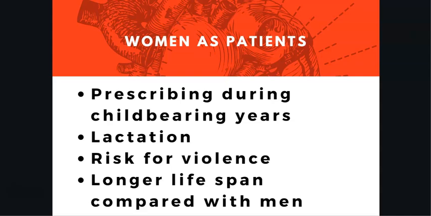So the female adolescents, we think about them being at risk. Female athletes, for that triad, disordered eating. So we have to be very careful. Some of them tend to overexercise, which leads to suppression of the hypothalamic pituitary ovarian axis, so they stop having periods.